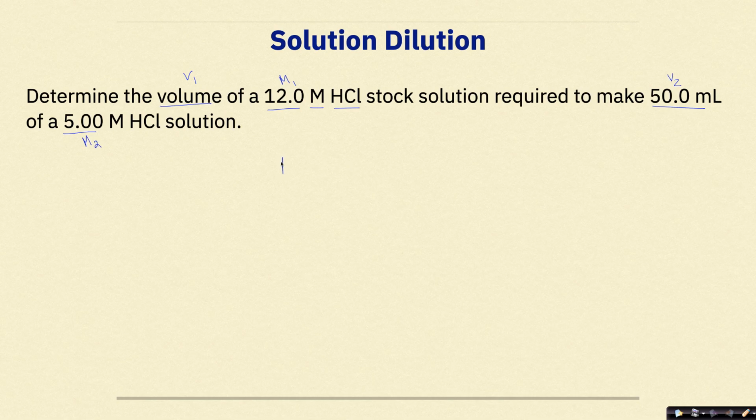So I'm going to say M1V1 is equal to M2V2. Going to plug in what I know, which is my molarity is 12 molar. Again, I'm going to be looking for my V1. So what is the amount of acid that I need to add? Because we're going to add acid to our water in the correct, proper way of making a dilution.